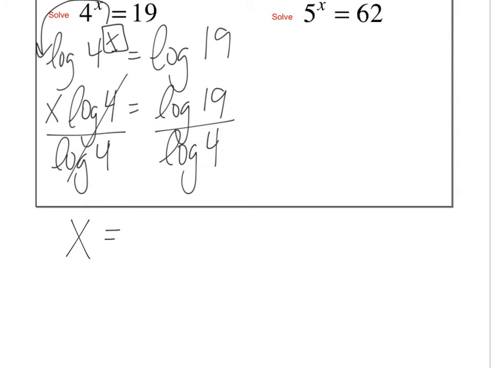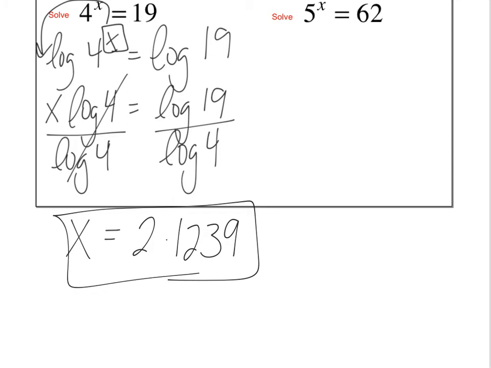The log button can be found directly adjacent to the 7 on your TI-84 or 83, or 89 for that matter, maybe. Well, I don't know about the 89. But the 83 and the 84, it's adjacent to the 7. So here we go. The log of 19 divided by the log of 4, and we get 2.1239. That's one way to go about it.